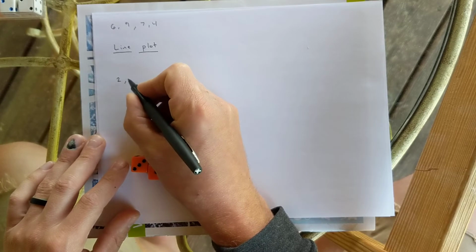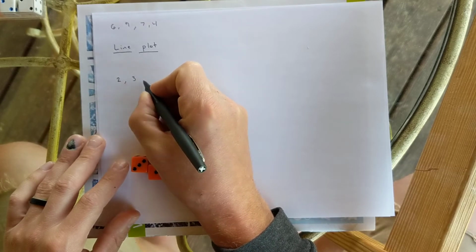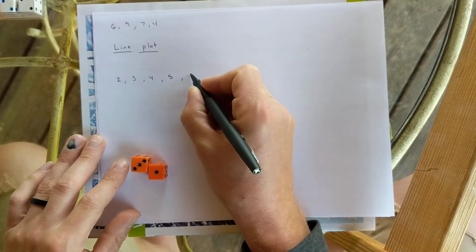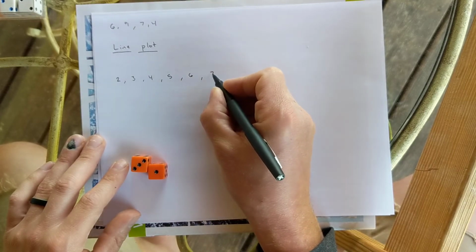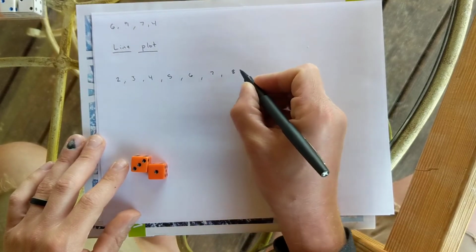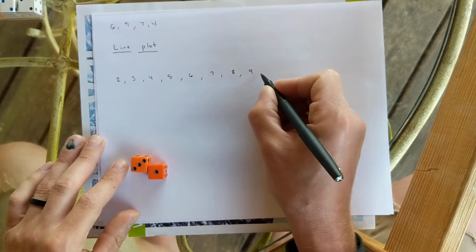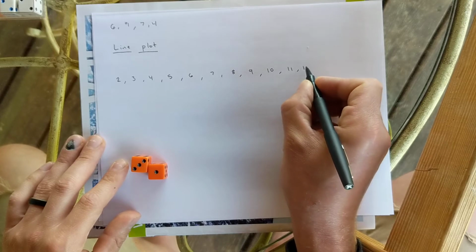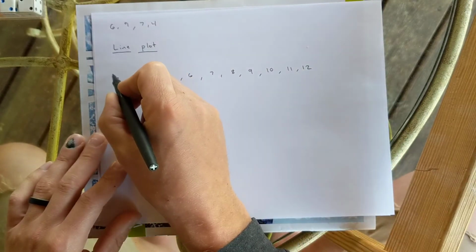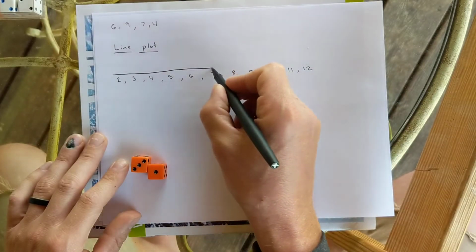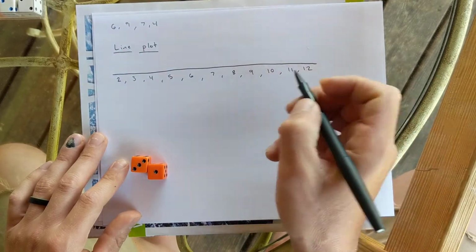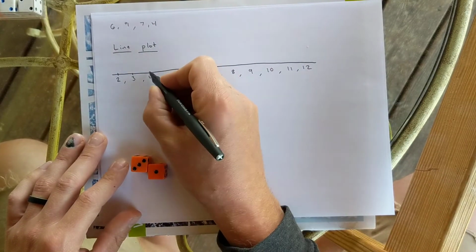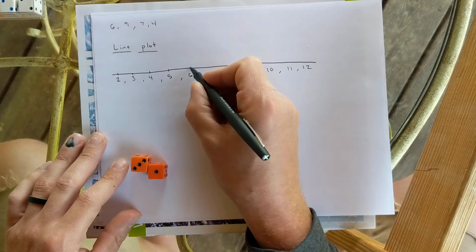And I can go all the way up 3, 4, 5, 6, 7, 8, 9, 10, 11, and 12. Now above that, I'm just going to draw a line. And above each number, I'm going to put a mark so that I know what I'm looking at.